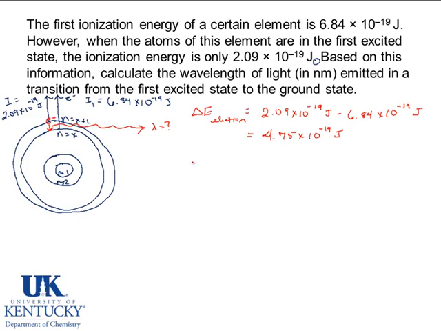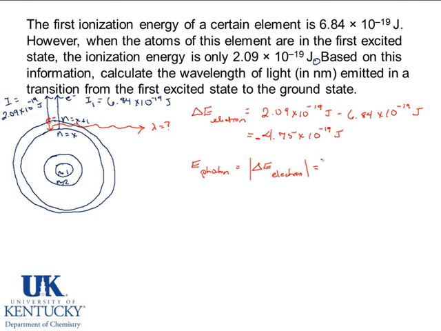Well, that has to equal the energy of the photon. It has exactly the same energy, only, by the way, that's negative, so the energy of the photon is going to be the absolute value of the energy difference of the electron. Because the electron is changing in energy, a photon has to have a positive value.